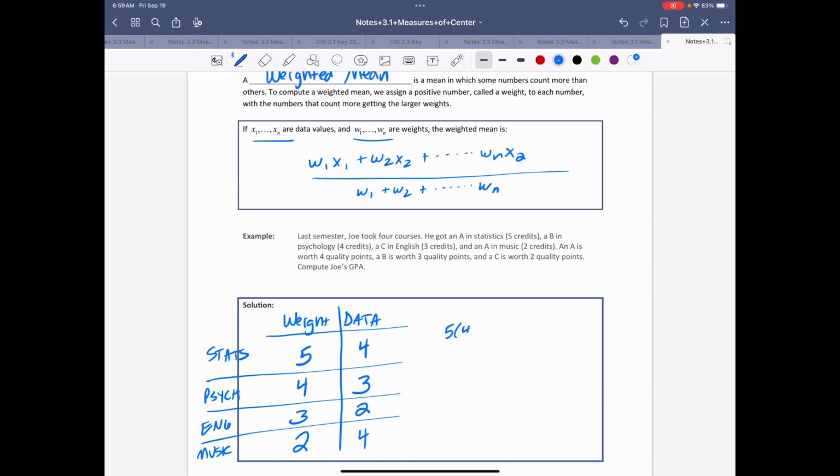So 5 times 4 plus 4 times 3, etc. And then you're going to divide it by, I think this is the hard part, what do you divide by? You're going to divide it by the weight. And the weight is how much it counts. The stats counts more. 5 credits, 4 credits, 3 credits, and 2 credits.